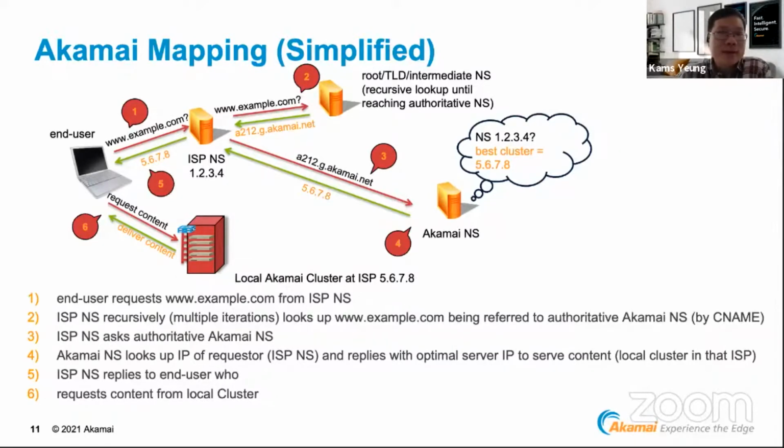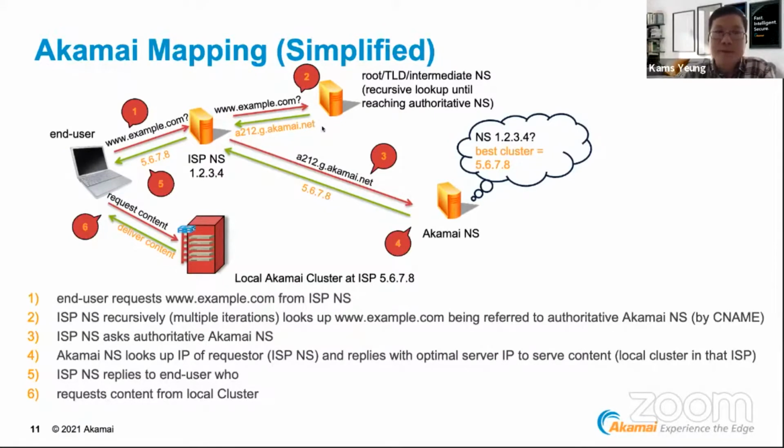This ISP DNS will follow the query, going through a repeated recursive lookup because it has to go to the root DNS, the .com, and then essentially go to the example.com authoritative DNS server. And then it will return a CNAME because they are using Akamai. So we return a CNAME called, let's say in this case, I'm just making up a212.g.akamai.net.